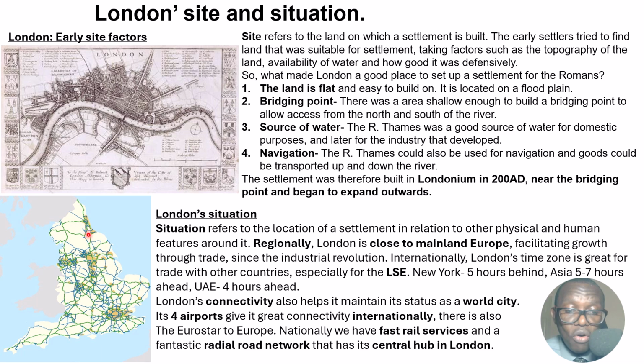This network of roads all seems to be coming into London. So London is the hub, and the reason why all these roads are coming into London is for economic purposes. Well, not just economic purposes, but that provides an opportunity for economic activity to take place, making London a very good place to live.